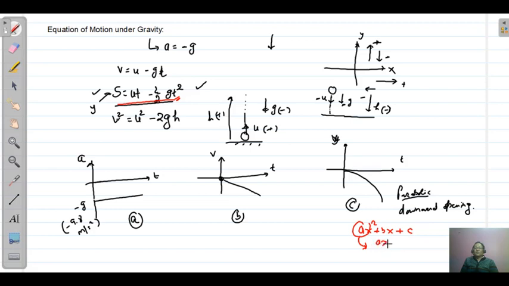If a is greater than 0, that is positive, then the graph will be upward opening. And if a is less than 0, then the graph will be downward opening. Here the coefficient of t square is negative, so the graph is downward opening. So this is the position time graph, this is the velocity time graph, this is the acceleration time graph for a body which has motion under gravity.